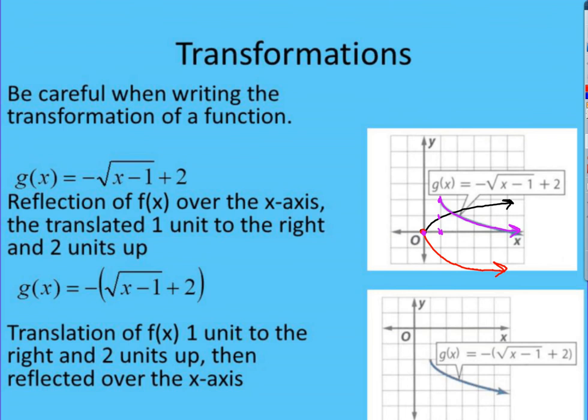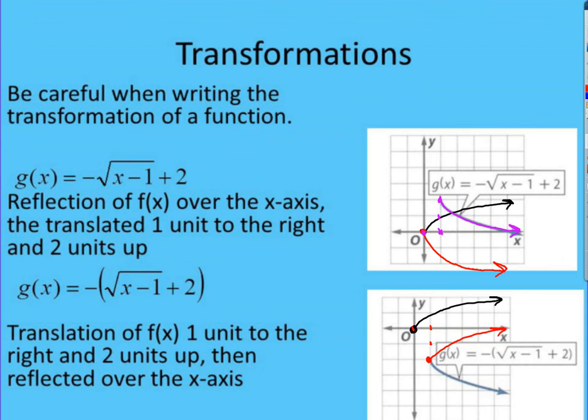But for the one underneath it, that negative sign is out front. Order of operations tells us we have to work inside the parentheses first. So if our original function started here, order of operations tells us we would translate first, because that's inside the parentheses. So we would move the graph 1 unit to the right and 2 units down, and it would go this direction.